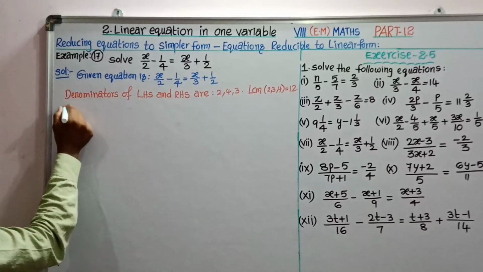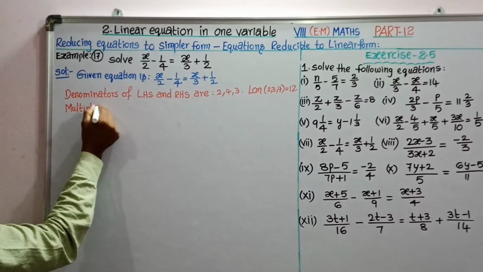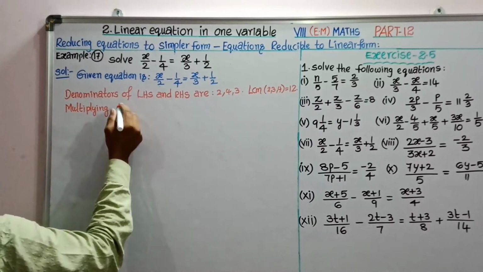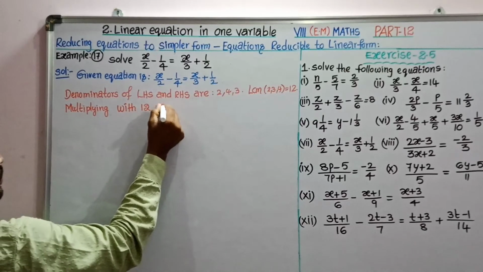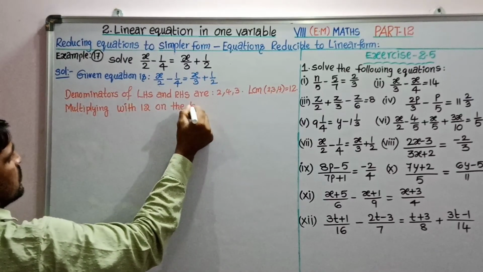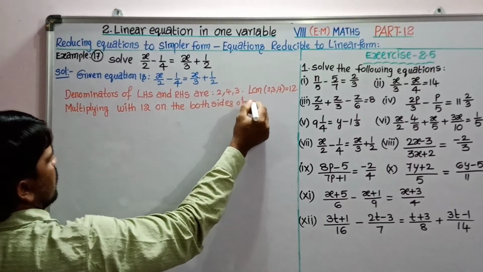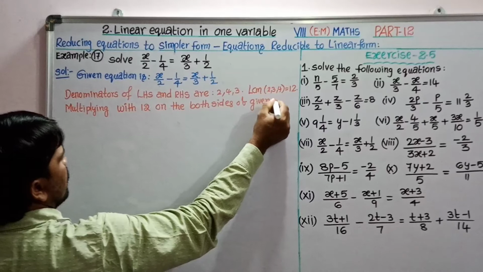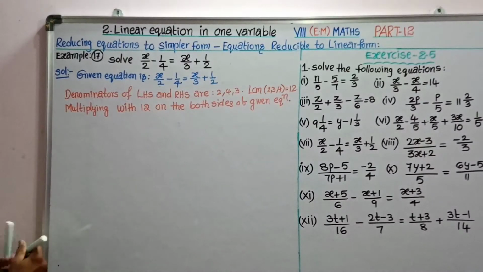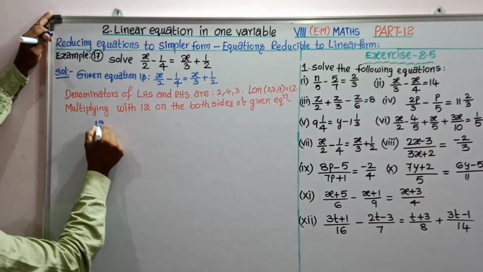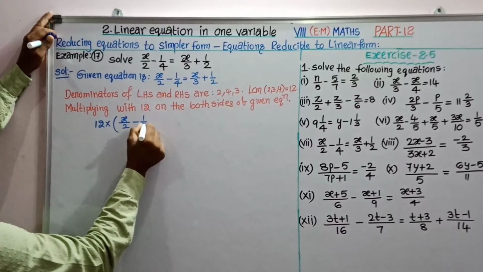So multiplying with 12 on both sides of the given equation. So multiply now. 12 into LHS, which is x by 2 minus 1 by 4.